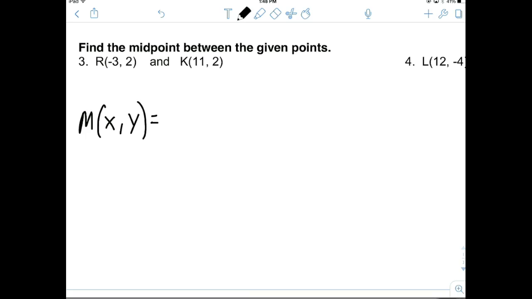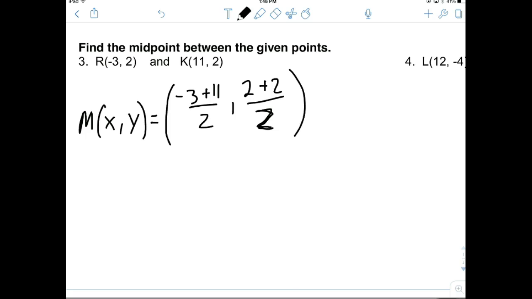I will average the x's, I'll average the y's. So I've got negative 3 plus 11 over 2, and I've got 2 plus 2 all over 2. Close that parenthesis off. So our midpoint: negative 3 plus 11 is kind of like 11 minus 3.